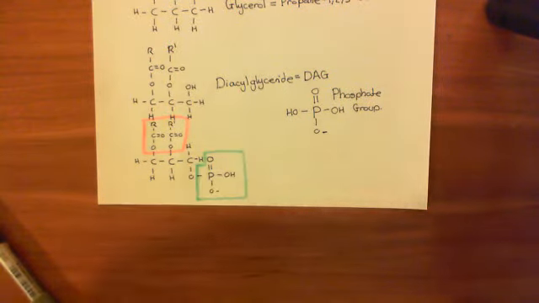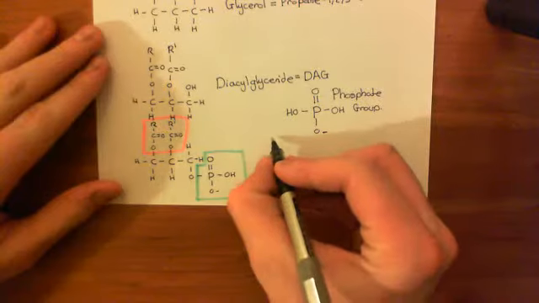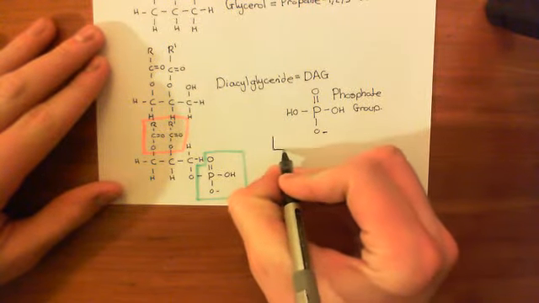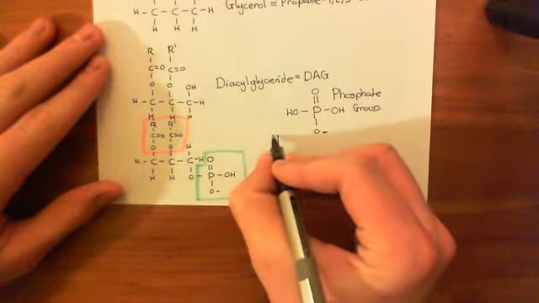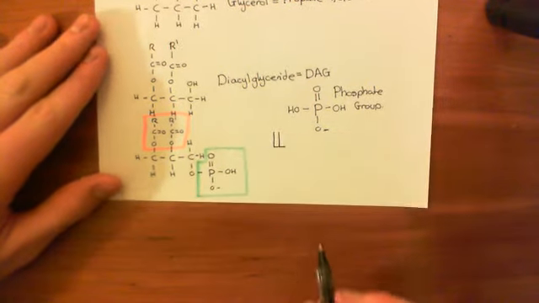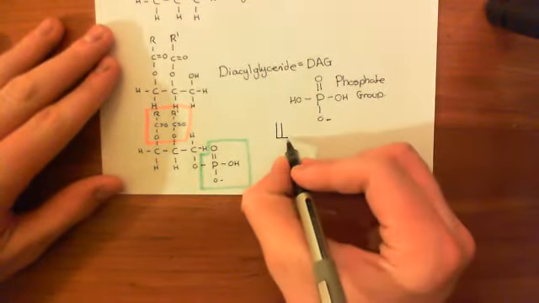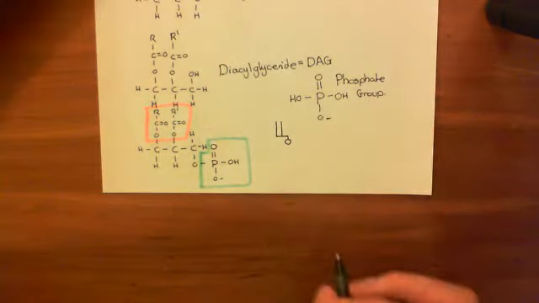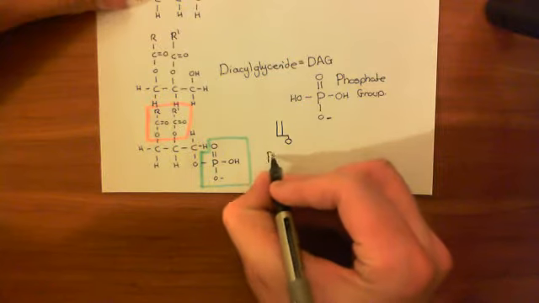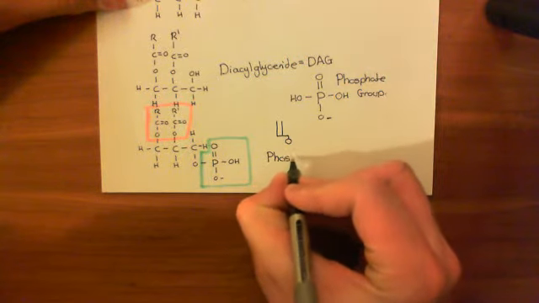So we could draw a phospholipid like so: with this line representing the glycerol, these two lines representing the hydrophobic tails, and then a circle here to represent the polar head. This is a nice representation of a phospholipid.